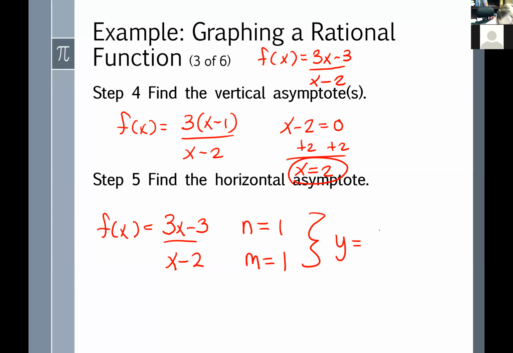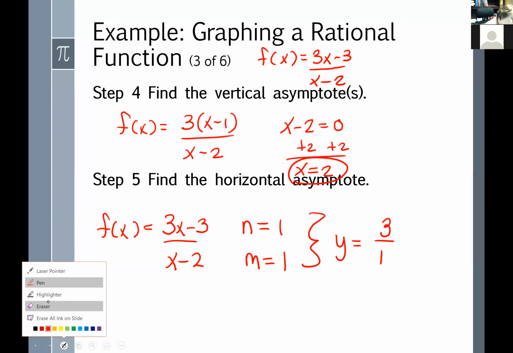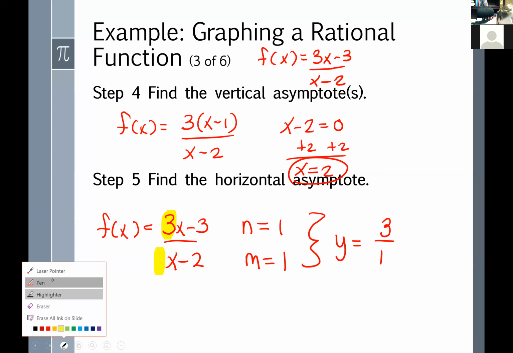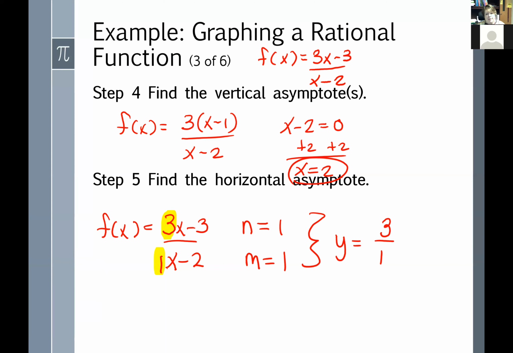So y equals 3/1. My leading coefficient in the numerator is a 3, and in the denominator, there's that understood 1 there. So the ratio of 3/1 or 3 is my horizontal asymptote. Okay.